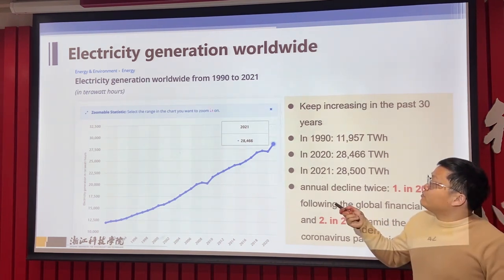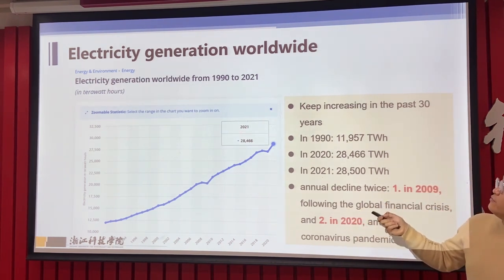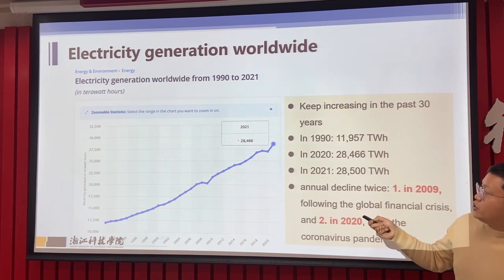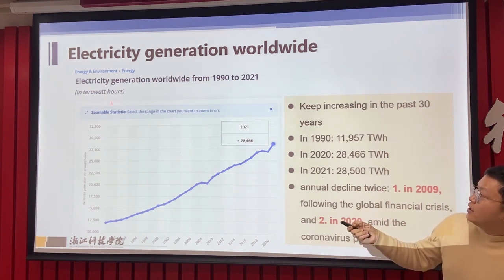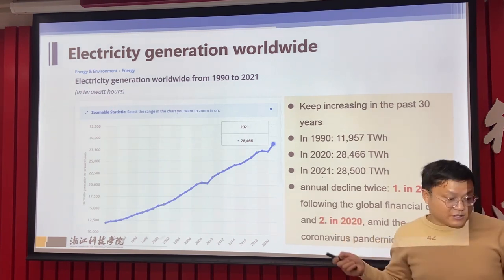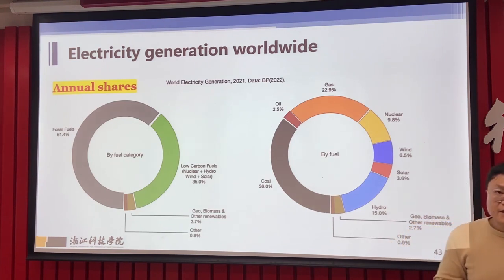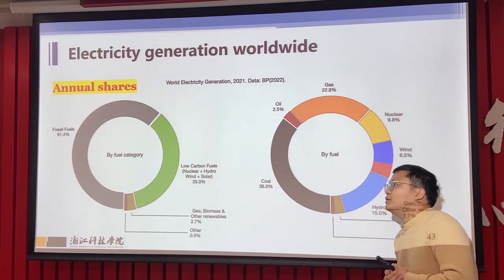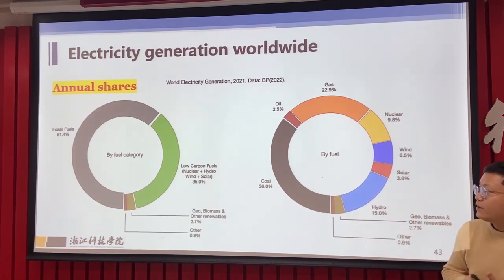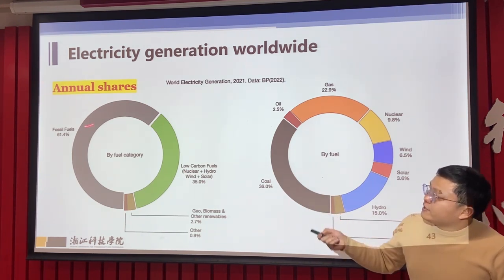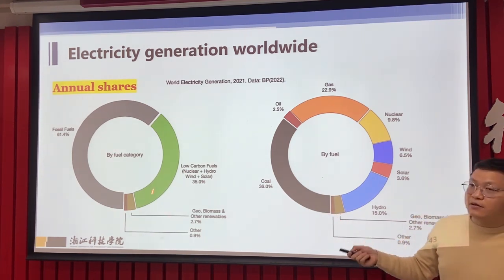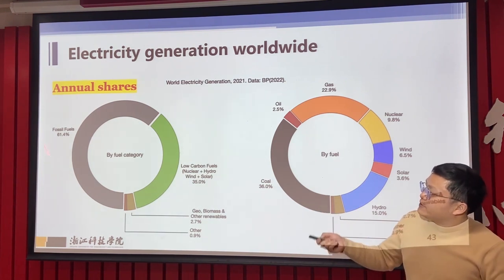The total amount of electricity generation in 2021 reached 28,000 terawatt hours. And if we look into the data, the electricity generation by different kinds of fuels is presented here.